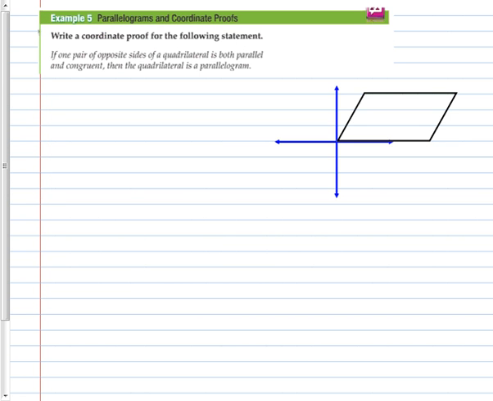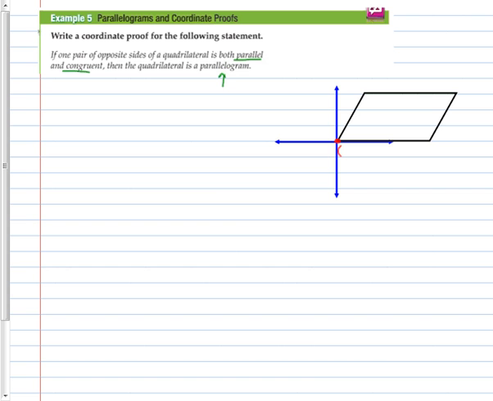Write a coordinate proof. Let's try this out. If one pair of opposite sides of a quadrilateral is both parallel and congruent, then we are going to prove that it must be a parallelogram. I know it's one of those things, but we are going to do it with what's called a coordinate proof. A coordinate proof takes a figure on a coordinate plane, and we label the vertices.